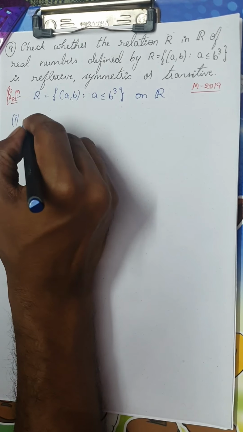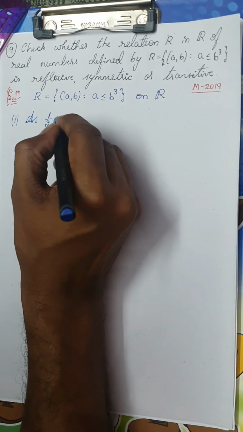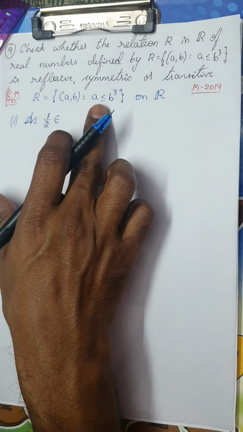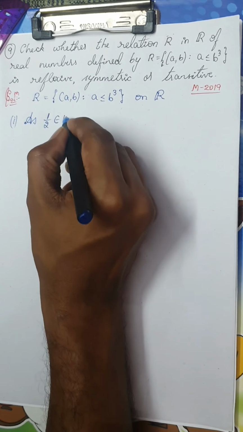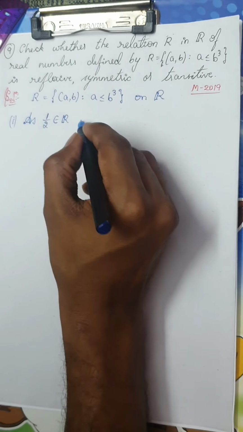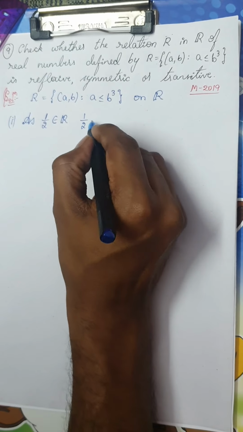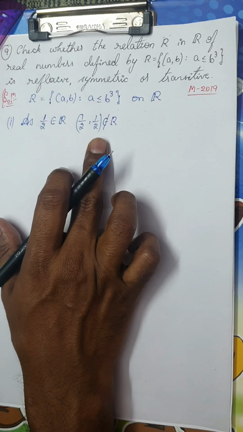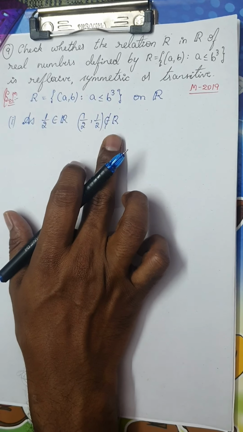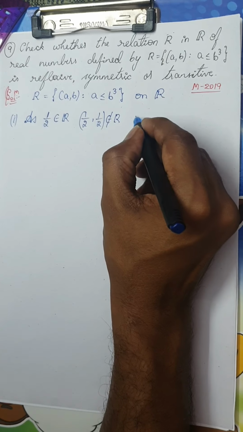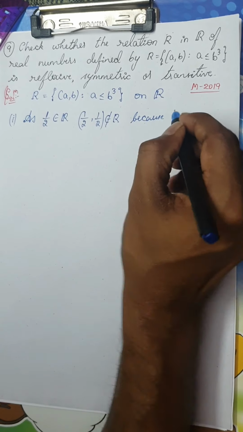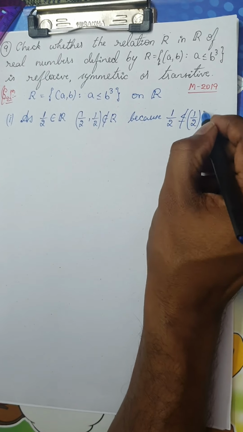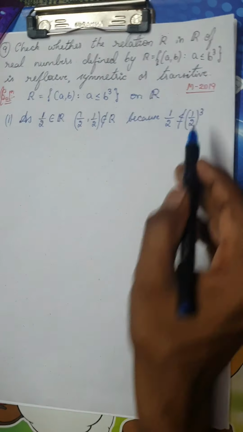First, I'll take a simple example. I'm giving a counter example because it is not reflexive. Take 1 by 2. Then (1 by 2, 1 by 2) does not belong to R, because 1 by 2 is not less than or equal to 1 by 2 whole cube. What is 1 by 2 whole cube?